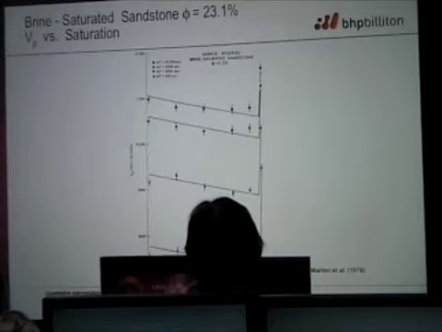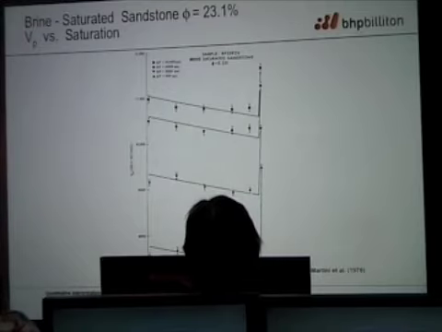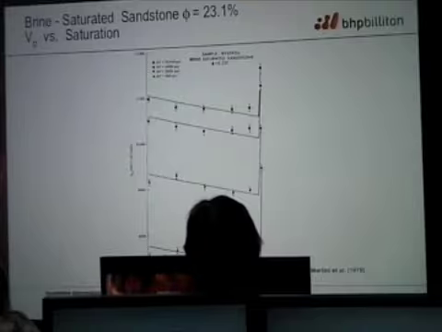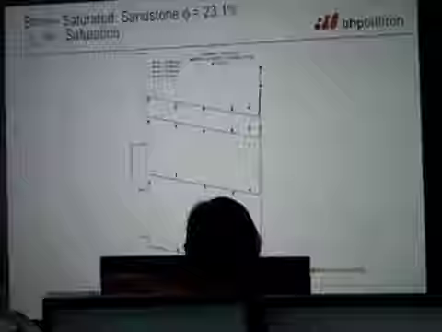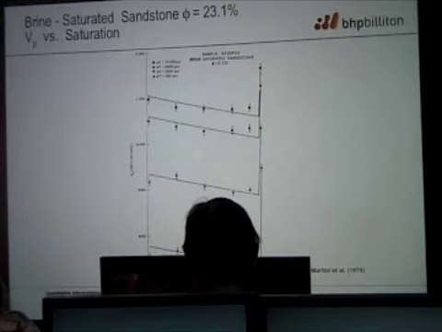You're using so-called ultrasonic frequencies, the wavelengths of which are necessarily not too long relative to the core length, which is only an inch, and yet long enough to be much larger than pore size. So you're in a delicate balance.